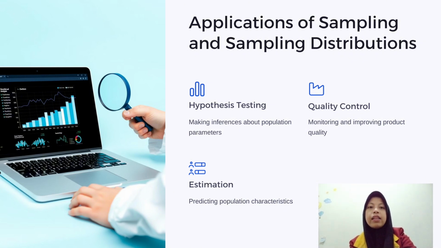Sampling distributions are used to determine if observed differences are statistically significant. The example, testing whether a new teaching method improves test scores compared to the traditional method.